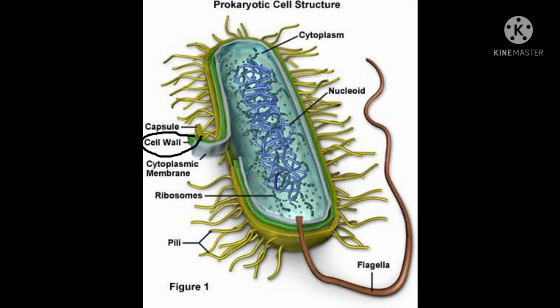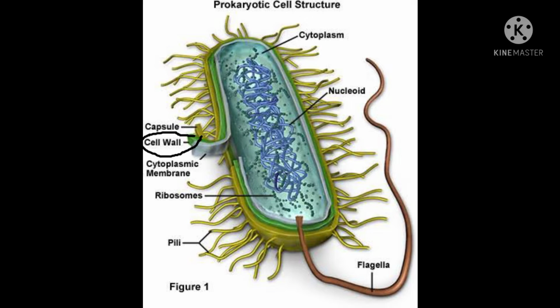Next is the cell wall, the green layer. Each bacterium is enclosed by a rigid cell wall composed of peptidoglycan, a protein-sugar molecule. The wall gives the cell its shape and surrounds the cytoplasmic membrane, protecting it from the environment.